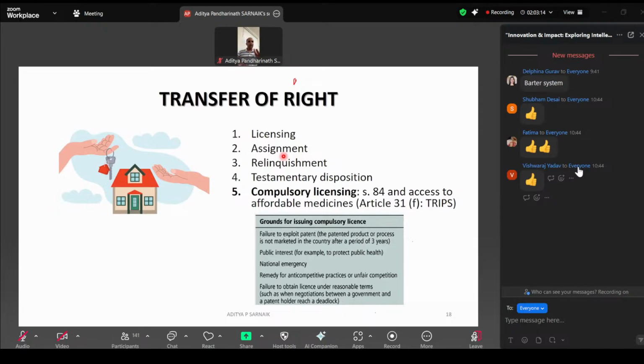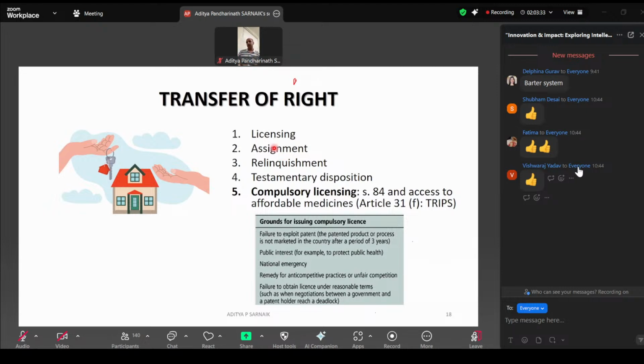Maruti is an Indian venture, Suzuki is a Japanese venture, and they combined together. Hero Honda, not anymore, but Hero Honda was again a combined venture. Now Tata bought Jaguar. Again, in that case, there comes the assignment and licensing part.